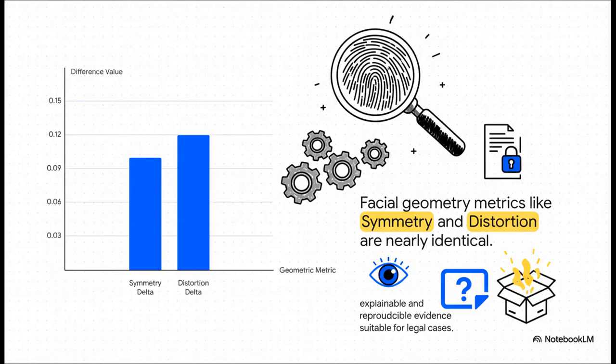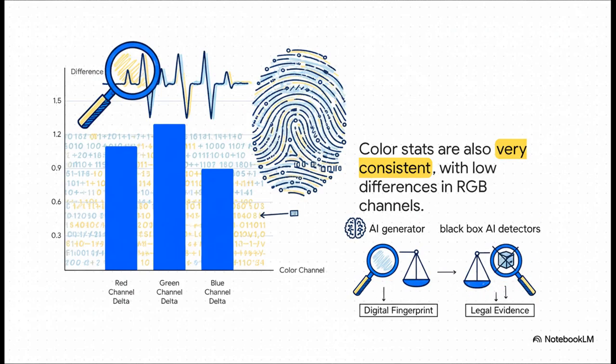For example, take a look at the facial geometry. Their levels of symmetry and distortion are practically identical between the two. So structurally, the faces are a match. That's not our clue. Same story with color. The distribution of colors across both images is incredibly consistent. If you were only looking at these first few metrics, you'd probably think both images came from the same source.